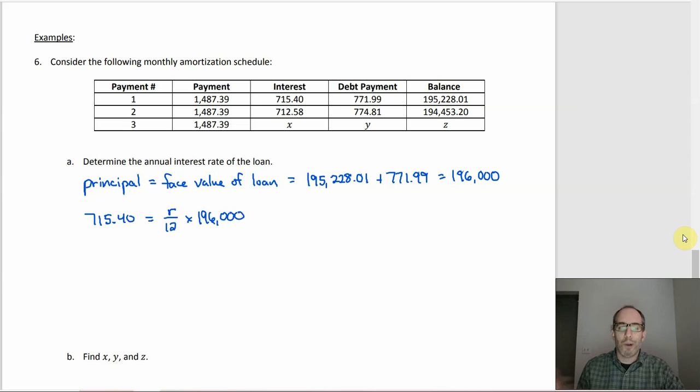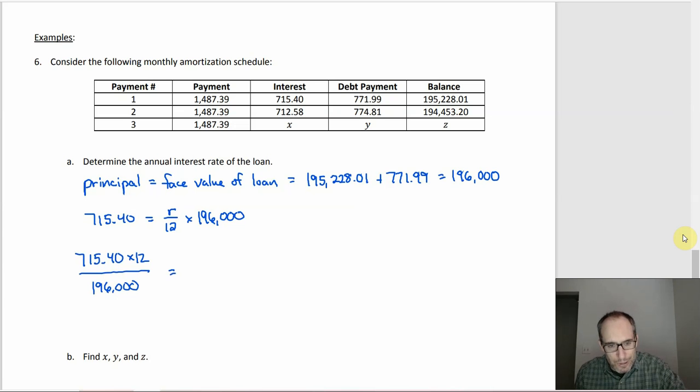I guess it would be multiplying both sides by 12 and then dividing both sides by 196,000, and you'd end up with something that looked like this. So you'd have 715.40 times 12 over 196,000, and that's going to be R. If you make a calculator simplify that, you end up with R being 0.0438 or 4.38% if you write it in percent form.